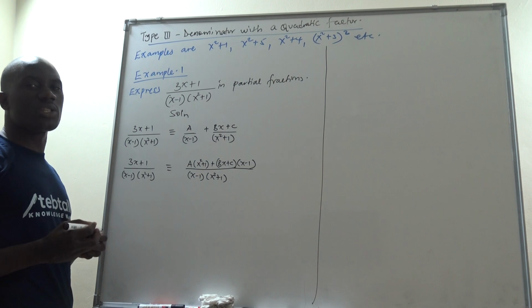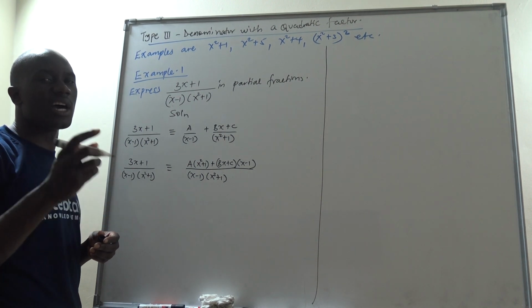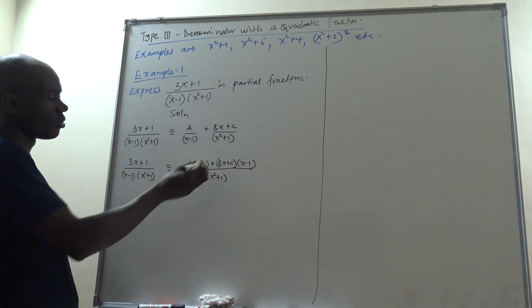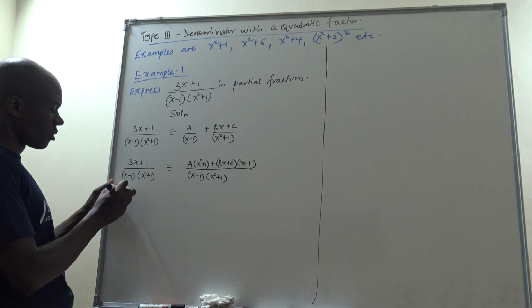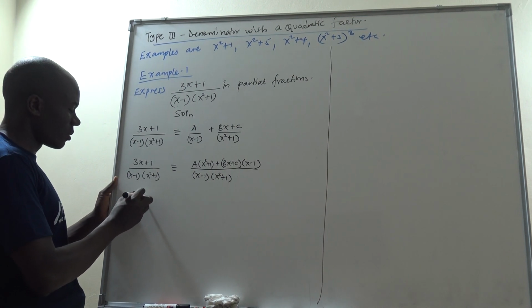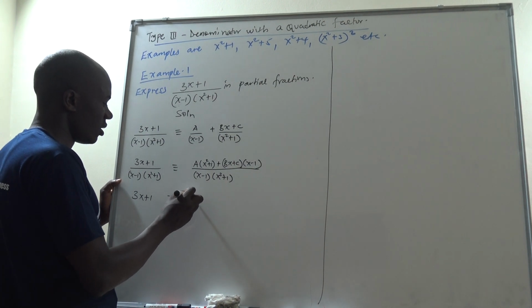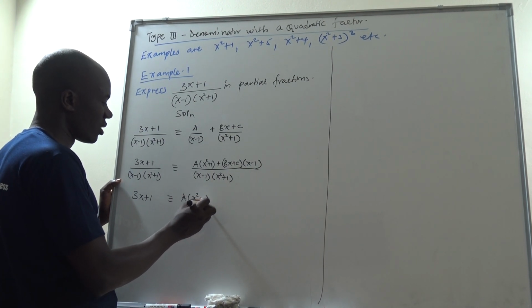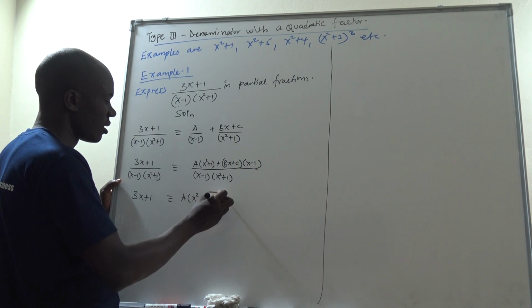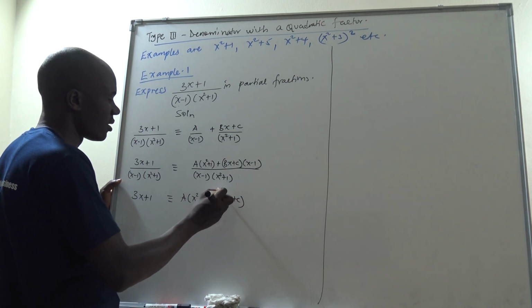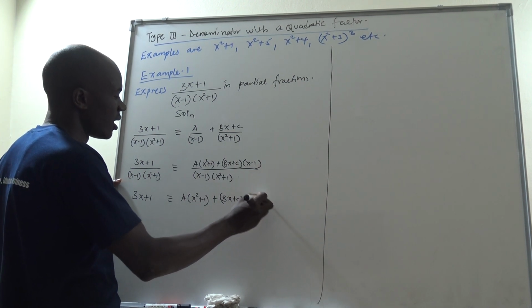Since the LCM is the same on both the left hand side and the right hand side, it cancels. We remain with 3x plus 1 is the same as a into x squared plus 1 plus bx plus c into x minus 1.